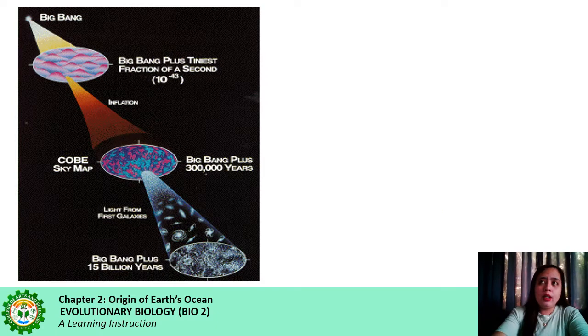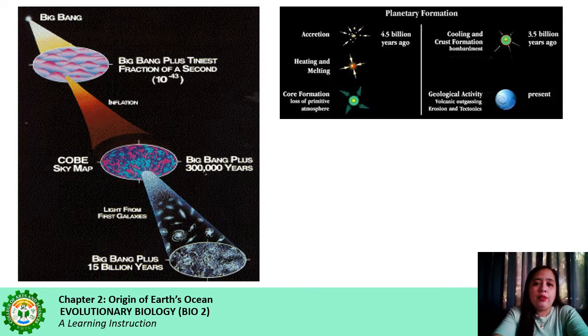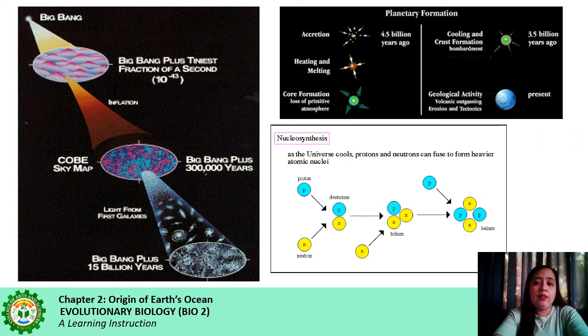Now, for a recap, we have talked about the Big Bang Theory, planetary formation, the formation of protostars, stars and galaxies, up to the present geologic activity of the Earth. We have talked about nucleosynthesis, which we discussed in the Big Bang Theory.